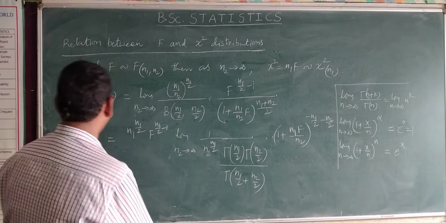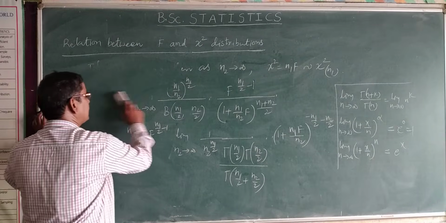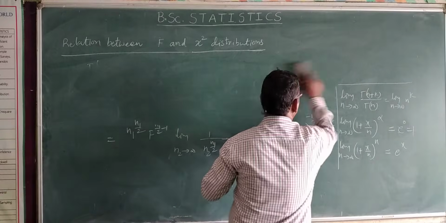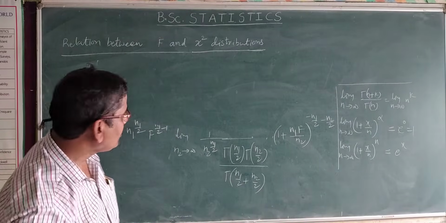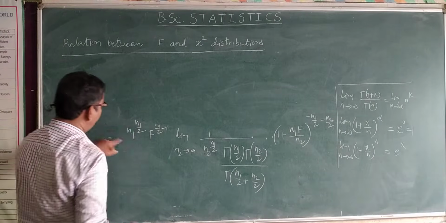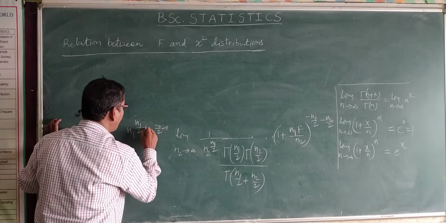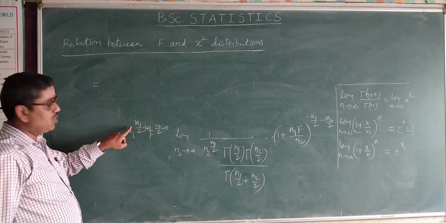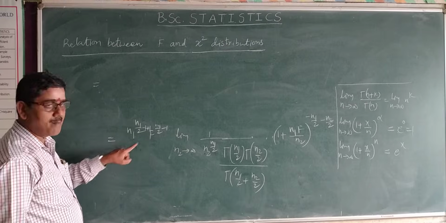Again, come back and apply the limits as n2 tends to infinity. Here, I am adding and subtracting 1 in the power of n1, so that both will have the same powers.